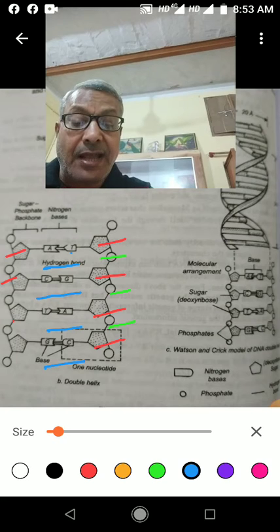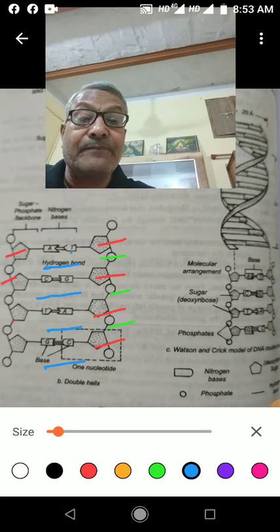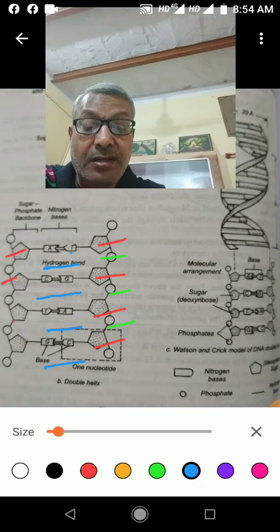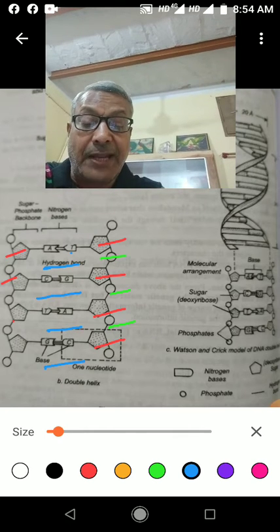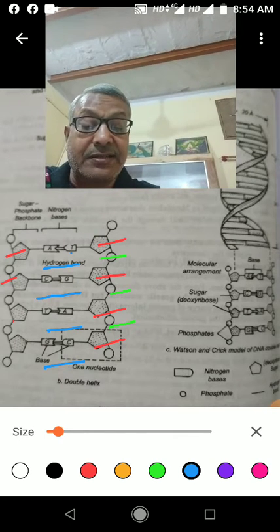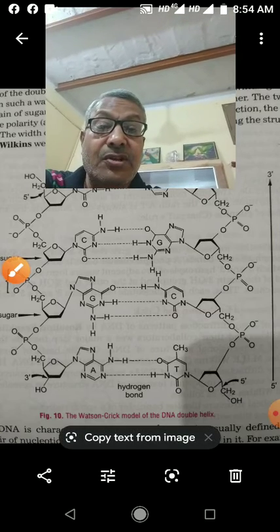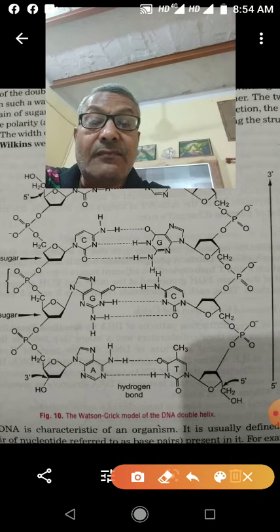The two chains of the helix are of opposite polarity. If one chain runs in the 3' to 5' direction, then the other will run in the 5' to 3' direction. You see here this structure has been shown.